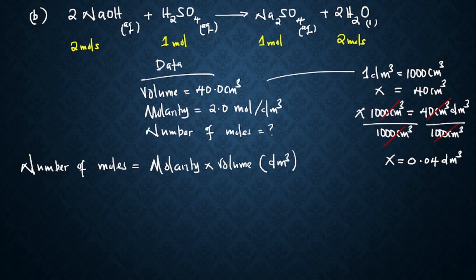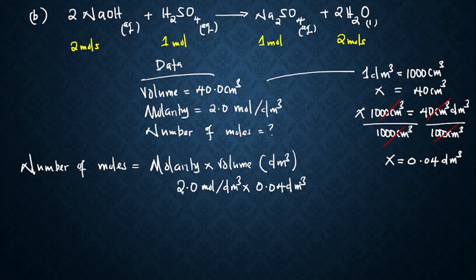Now, after finding the volume, you have the molarity there, and that molarity is 2.0 mole per decimeter cubic multiplied by the volume, which is 0.04 decimeter cubic.